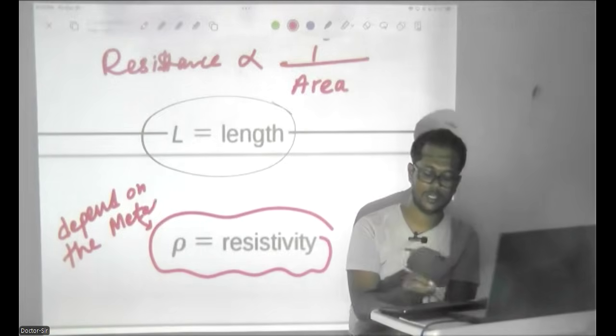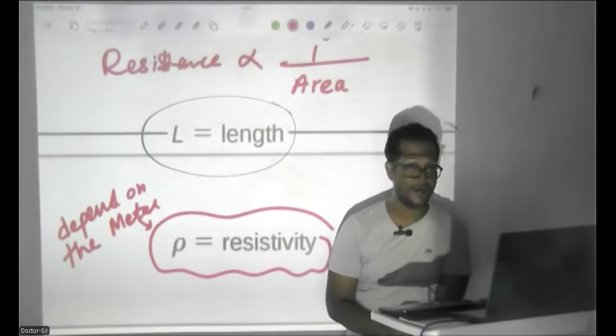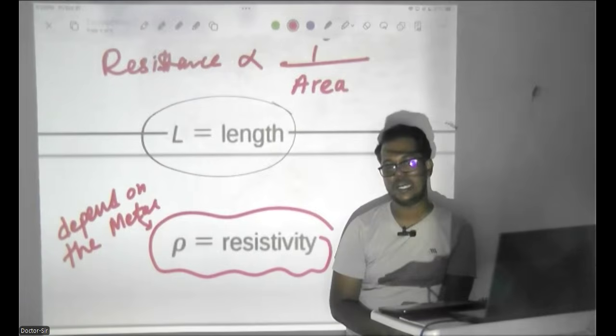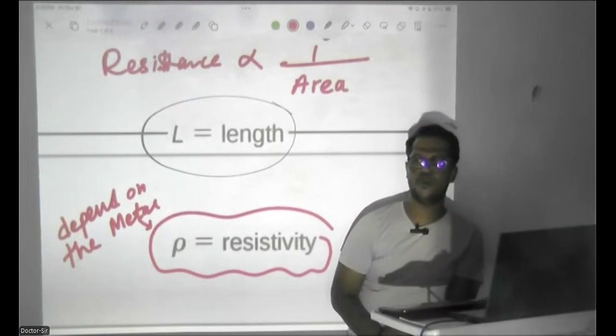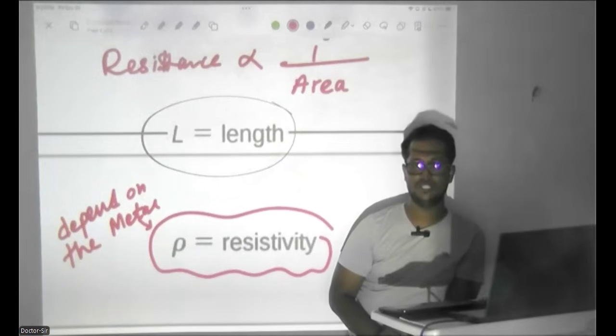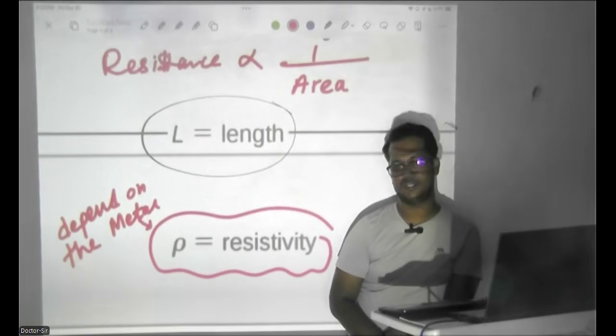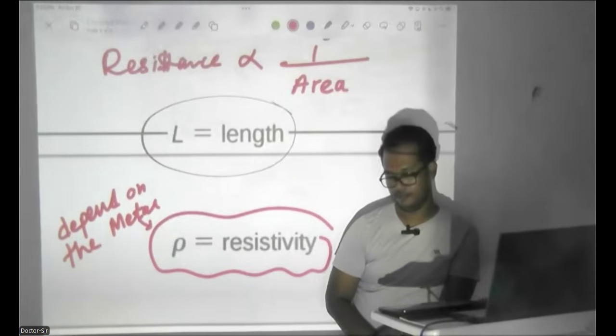That's why if you take the copper wire, it is a good conductor. If you take aluminium wire, or a zinc wire, they have slightly less conductivity.